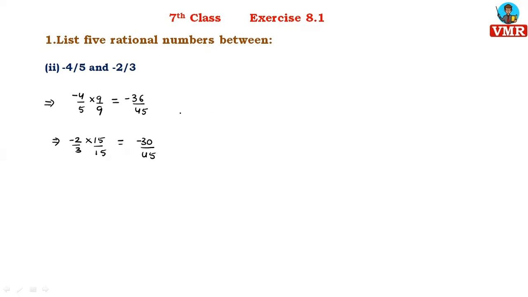Now we will write the 5 rational numbers in between these two numbers. If we write, we will get minus 36 by 45 on this side and minus 30 by 45 on this side. Here minus 31 by 45 is less than minus 30 by 45.